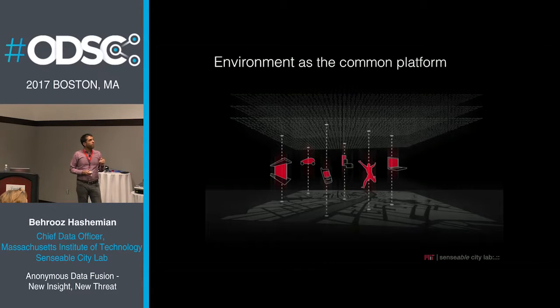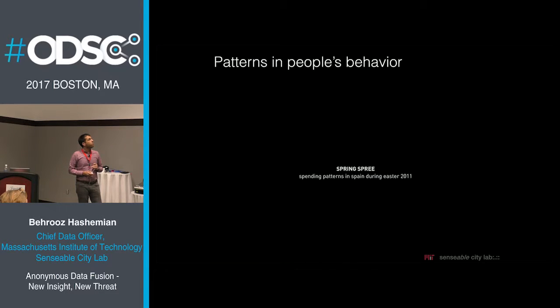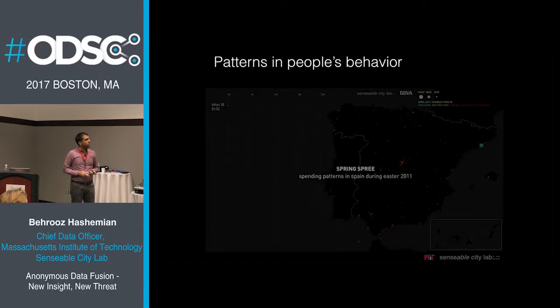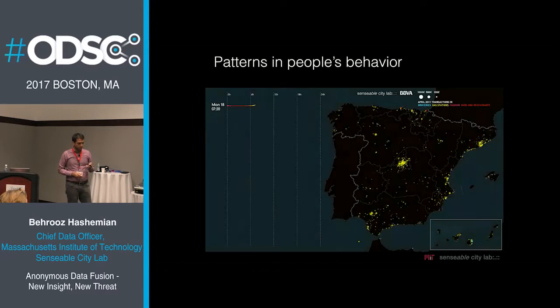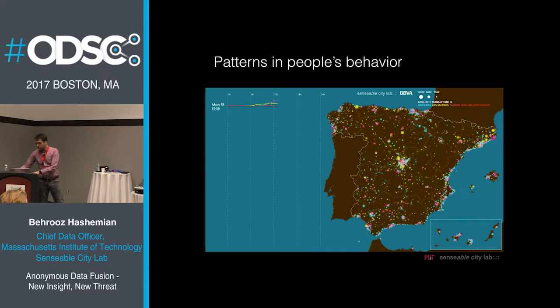What we need, and what we are taking advantage of, is patterns in each data set. There is a lot of regularity in people's behavior. In one study with a leading Spanish bank, we analyzed data from all over Spain.